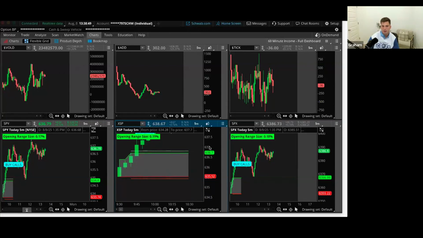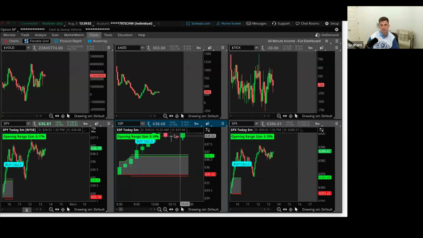Obviously, it broke out above it, so it's 637. You could try to wrap this. It would just be very expensive. And to someone's question yesterday, why would I do a $2 strike? This would be a good example of when you could do a $2 strike. Instead, I just went one strike out of the money. It'd be a little bit cheaper. But this is how you see the prices. The indicator tells it to you.